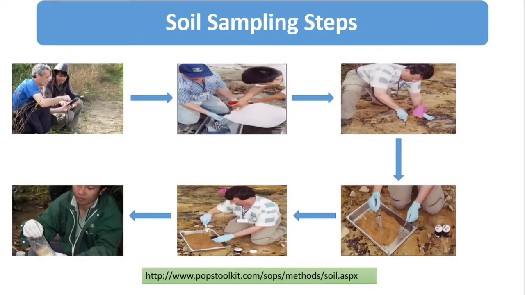Then the soil sample should be collected using a stainless steel core sampler or trowel or shovel, and collect 5 subsamples between 1 and 20 centimeter below the surface from an area of 1 by 1 meter square. Then samples are collected in a stainless steel tray and stirred into a homogeneous mixture. Then samples are placed into one or more separate glass jars.